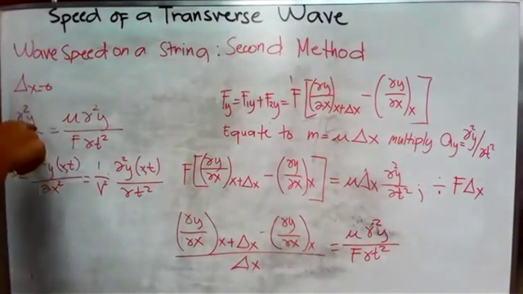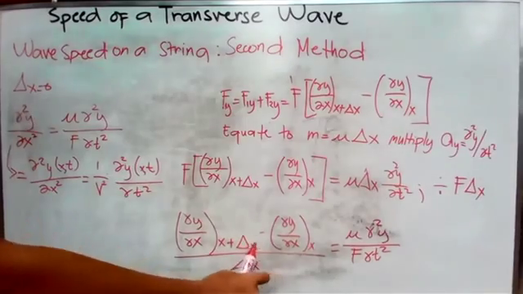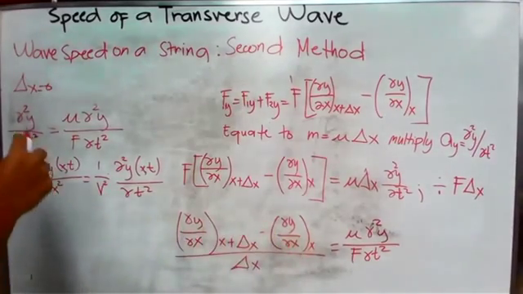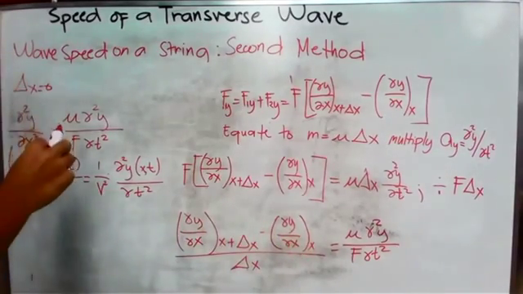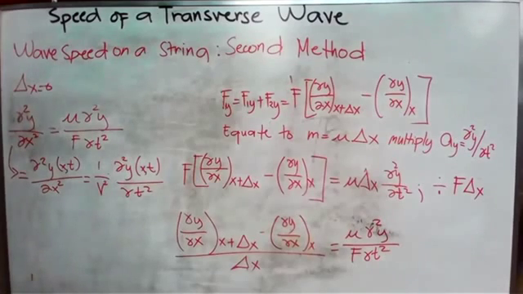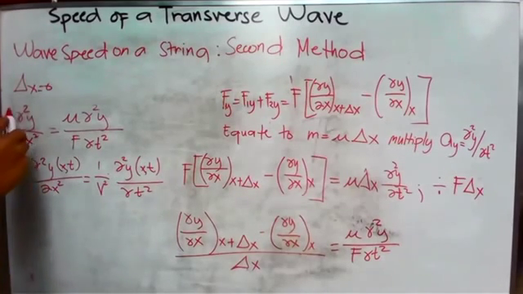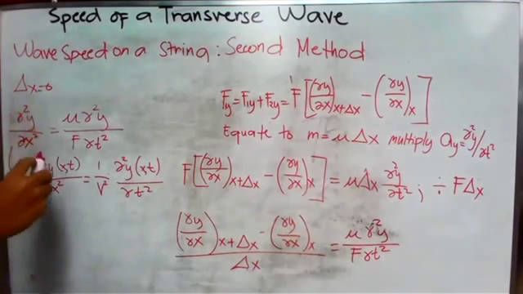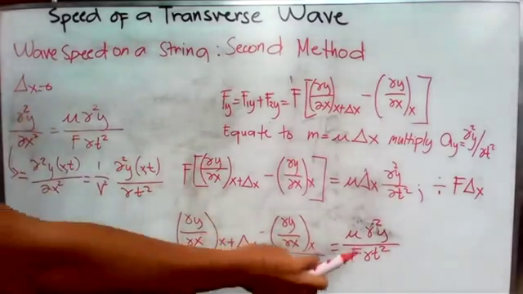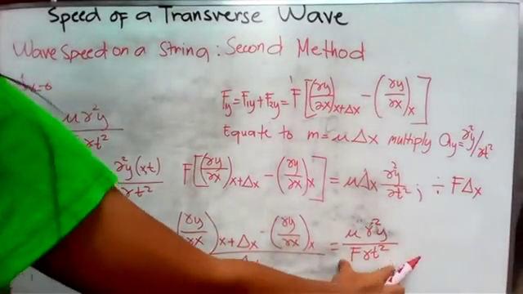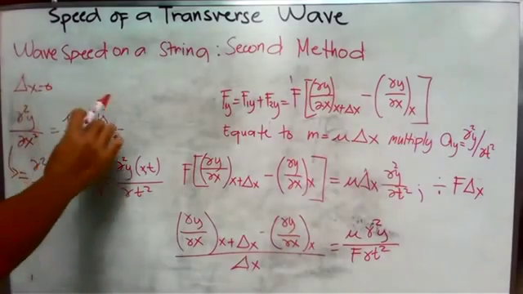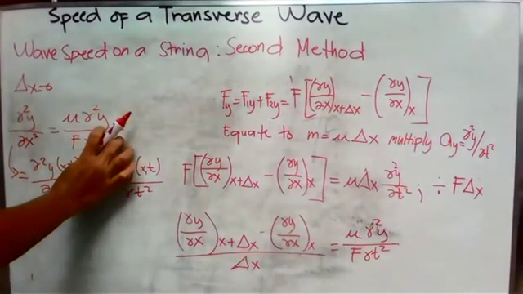In this limit, the left side of the equation becomes the derivative of y with respect to x at constant t. So that is now the second partial derivative of y with respect to x, which is equal to mu over F times the second partial derivative of y with respect to time.